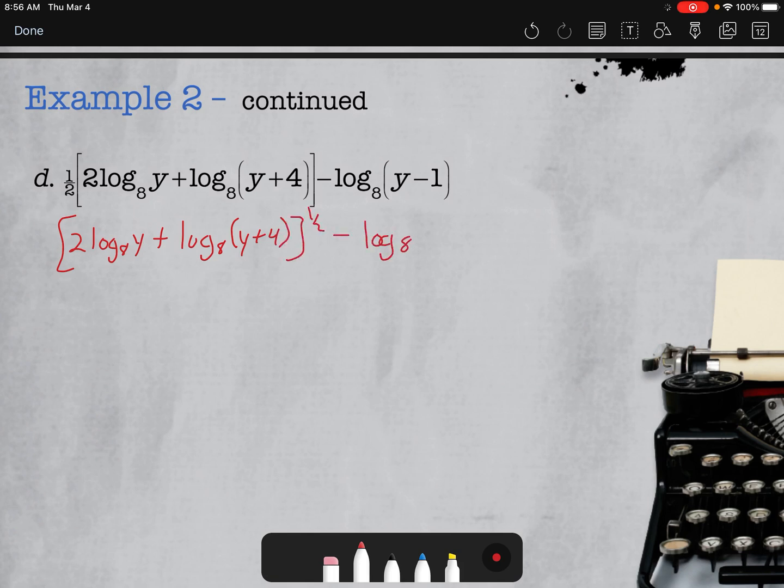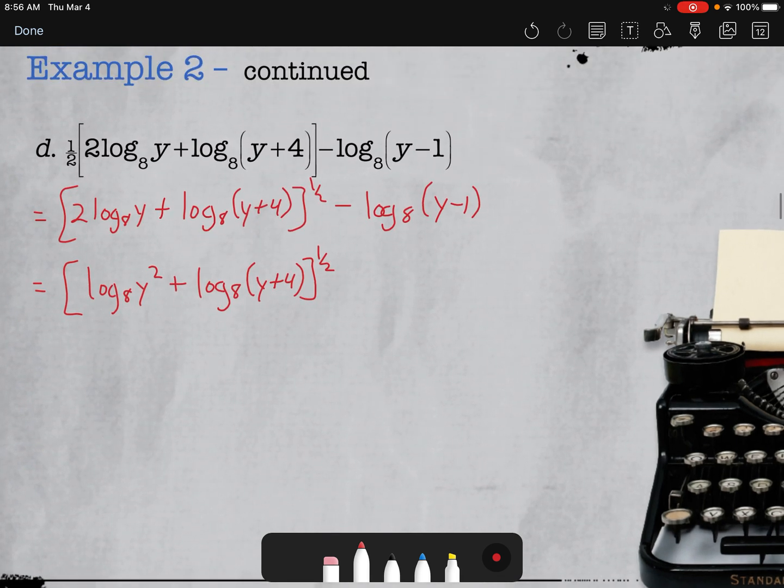You're going to move the 1/2 up, right? And we really can't do anything with the right side. Okay, now we can also take that log, or that 2, move it, and that's all still to the 1/2 power, which remember is the square root, right?